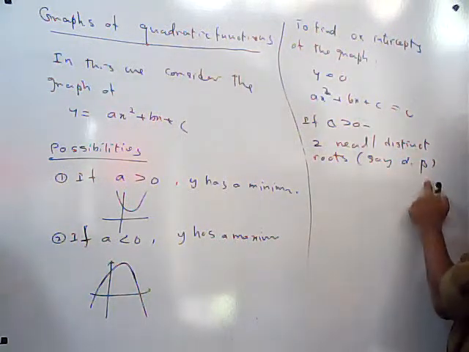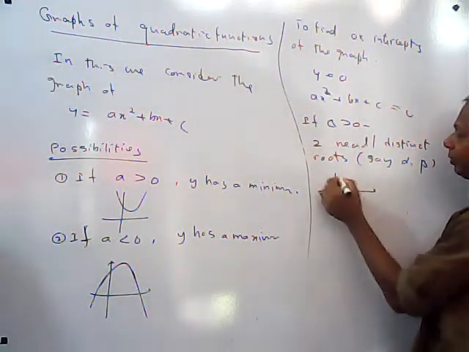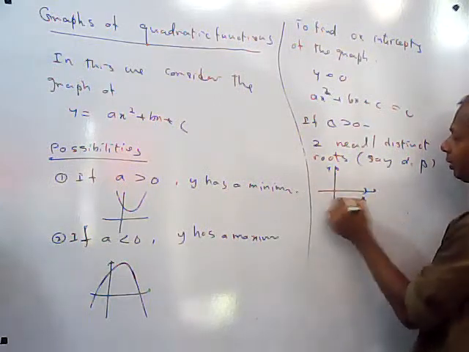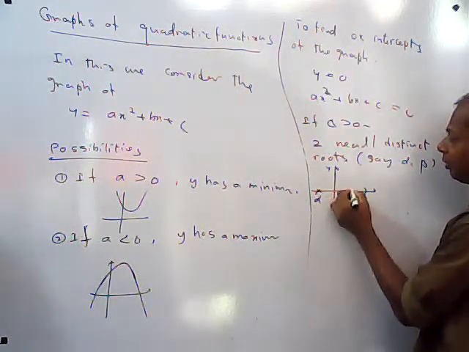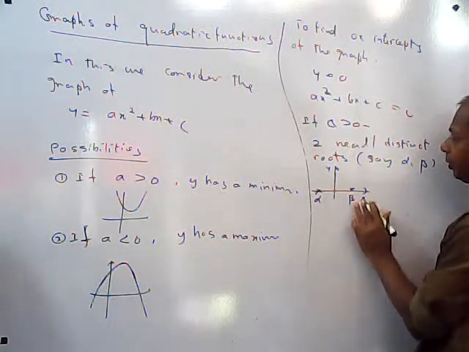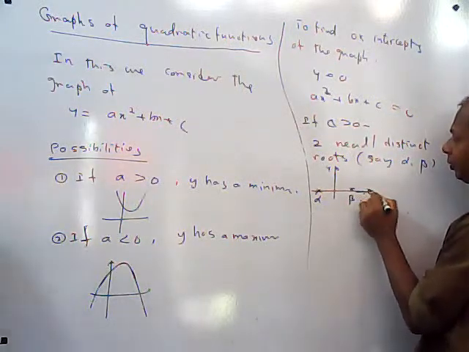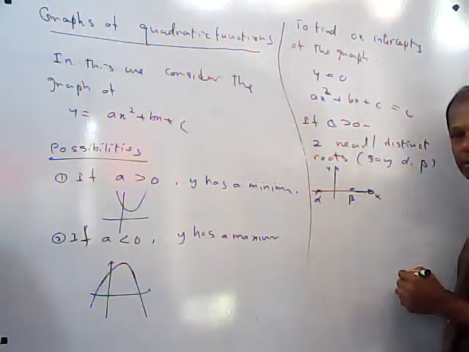That means the curve meets the x-axis at two distinct points alpha and beta.